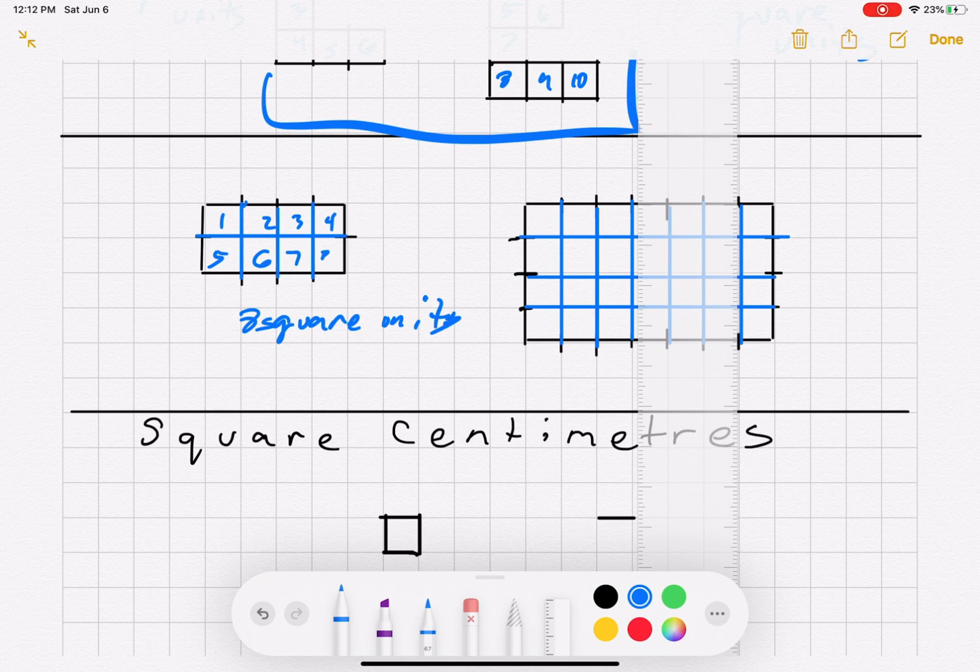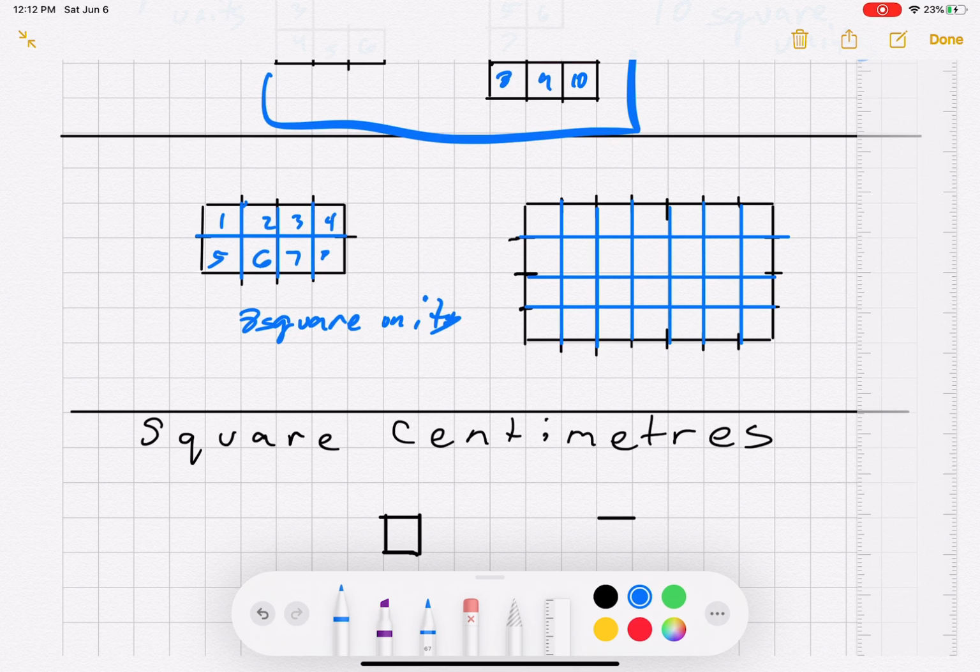So, and then just count them up. Okay, so I have 1, 2, 3, 4, 5, 6, 7, 8, 9, 10, 11, 12, 13, 14.